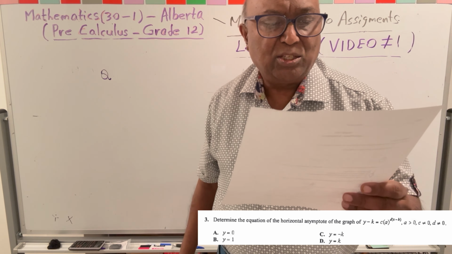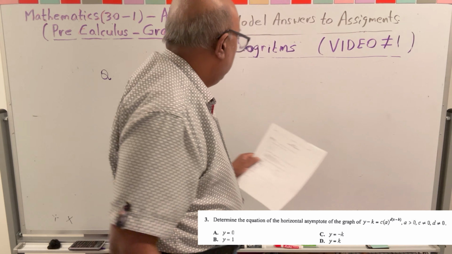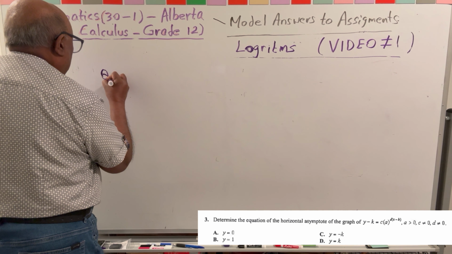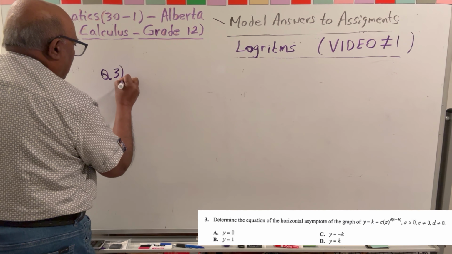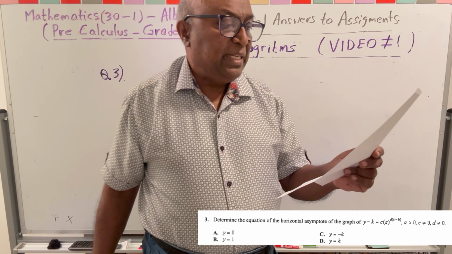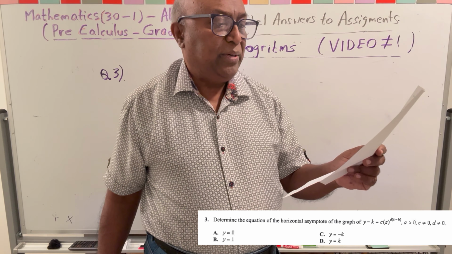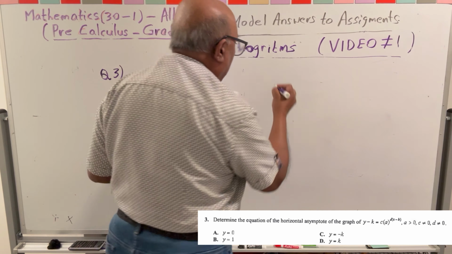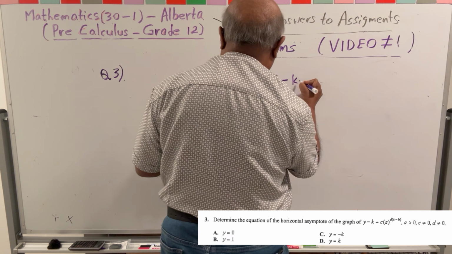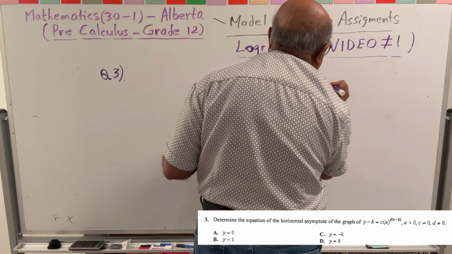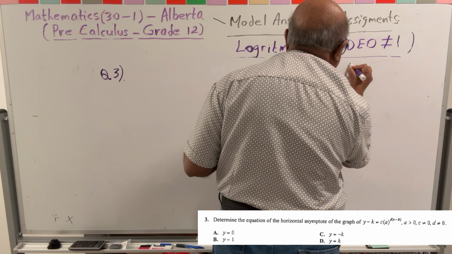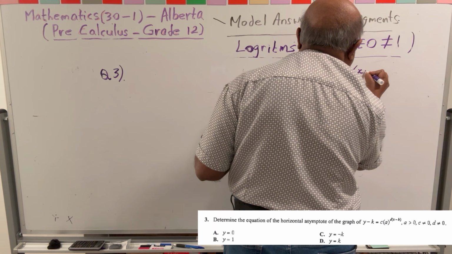Okay, now let's look at question number 3. What the question number 3 says: determine the equation of the horizontal asymptote of the graph y minus k equals c times a to the power of d x minus k.